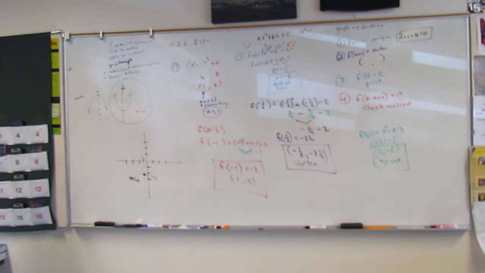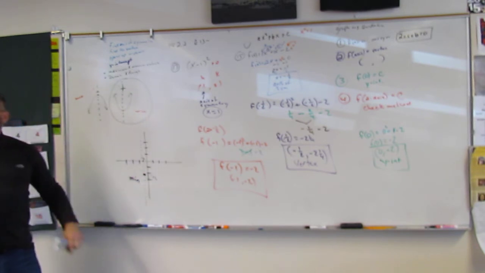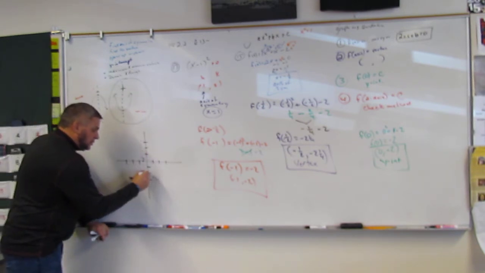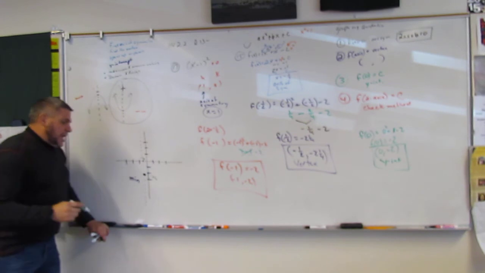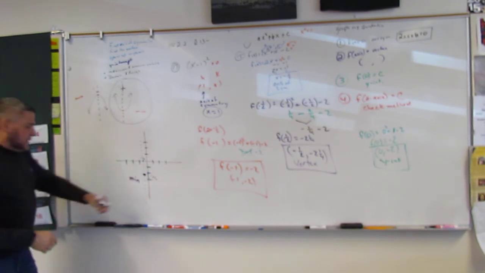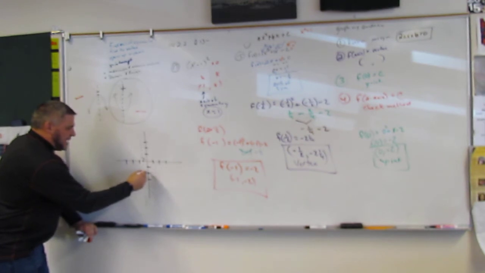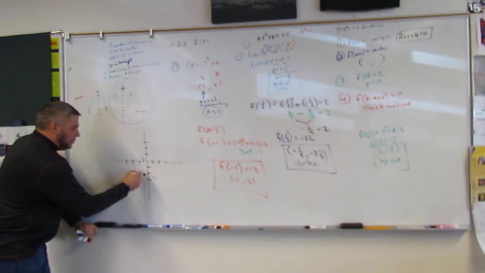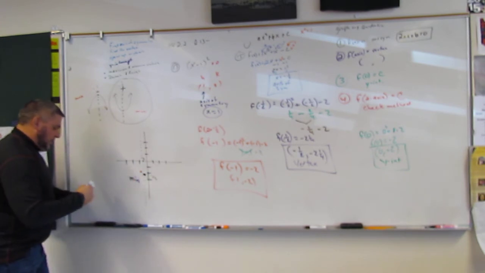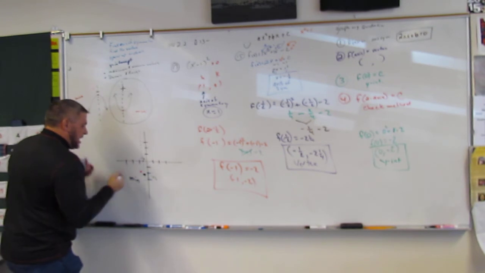Where is your Y-intercept? Is that 0, negative 2? And where is your axis or your point of symmetry? It would be at negative 1, negative 2. And this would be your graph.